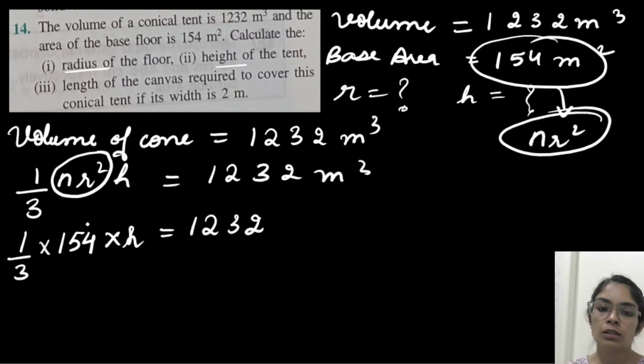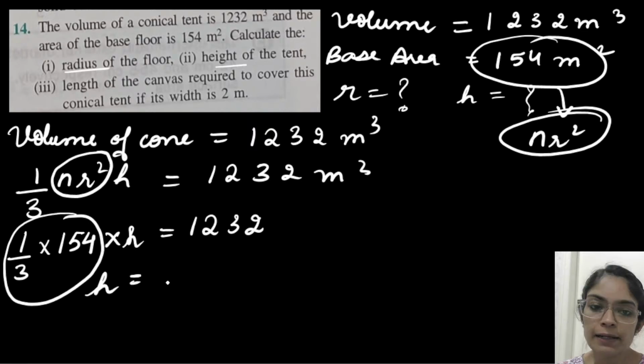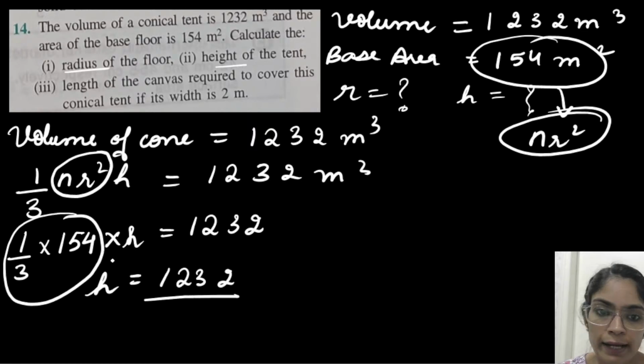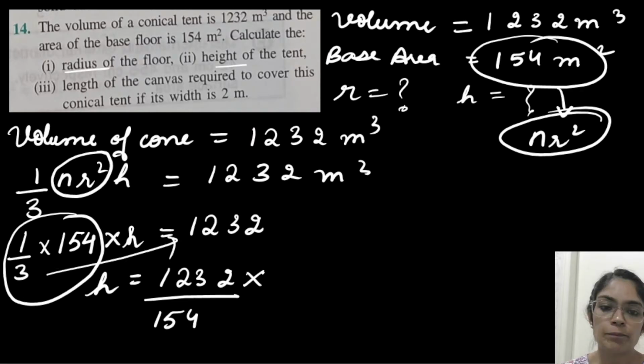Now these numbers will shift to the other side. h will be on this side. So h is equal to 1232 divided by 154, because 154 is getting multiplied on that side into 3. The 3 on that side was getting divided by height, so this side it will get multiplied. Now let's do cancellation.